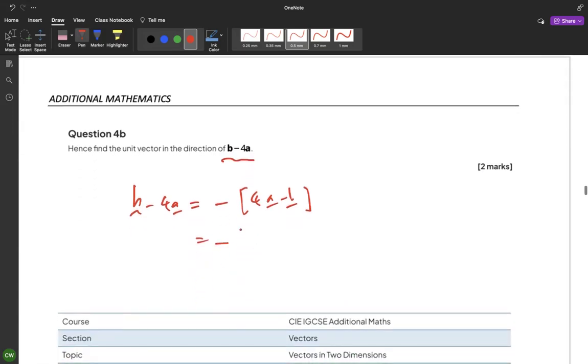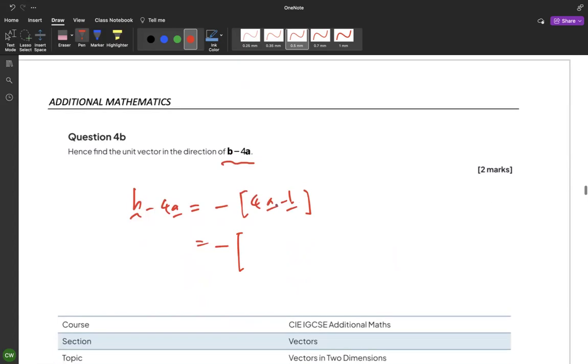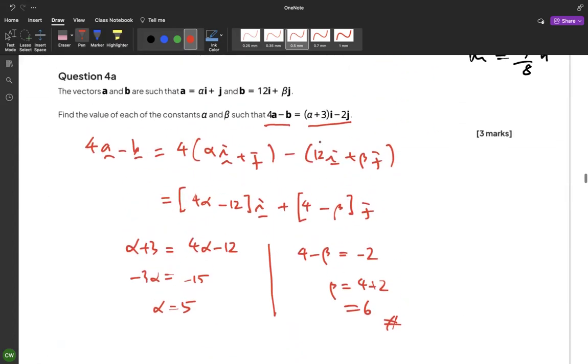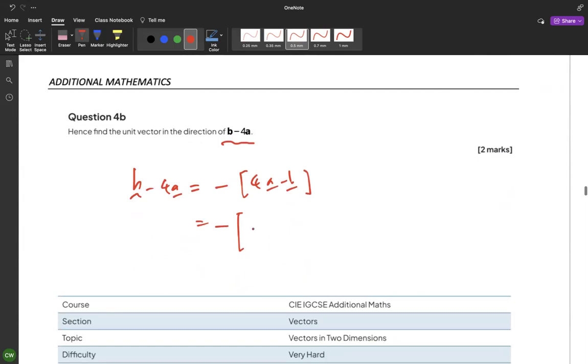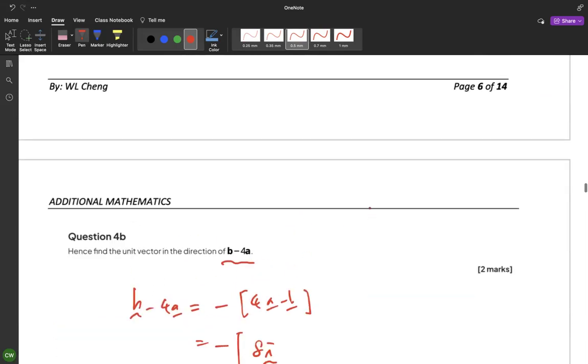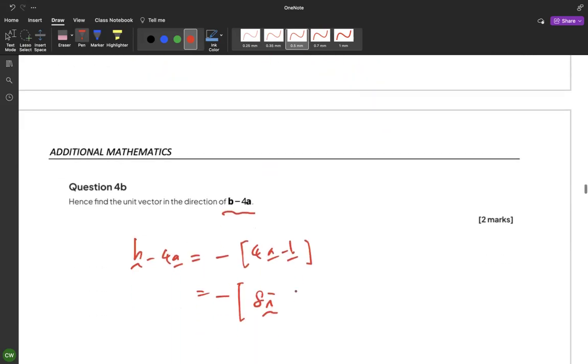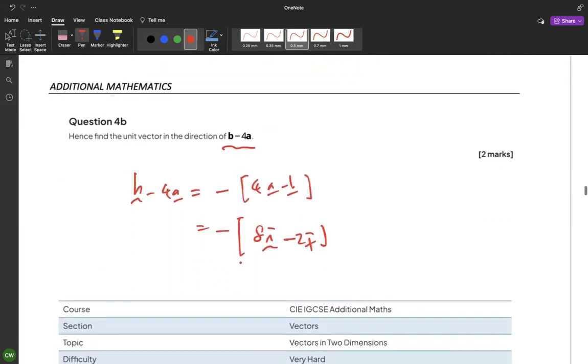Do we have the vector 4a minus b? Can we take this one now? Alpha is 5, so this one is going to be 8i, 8i and minus 2j. So minus 8i plus 2j.